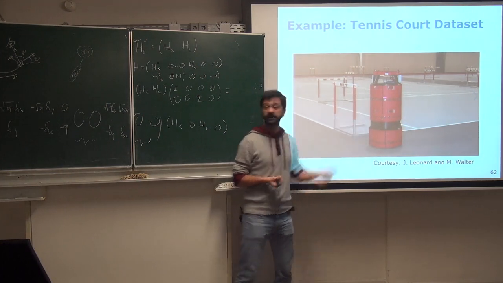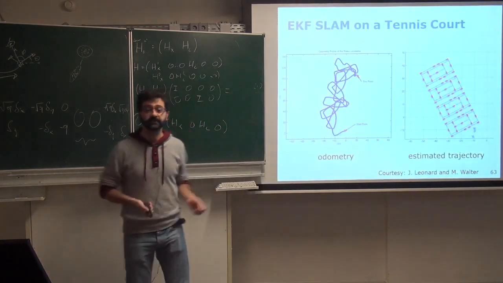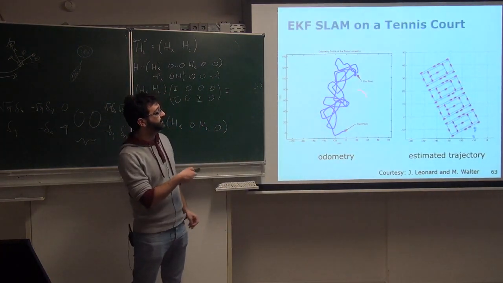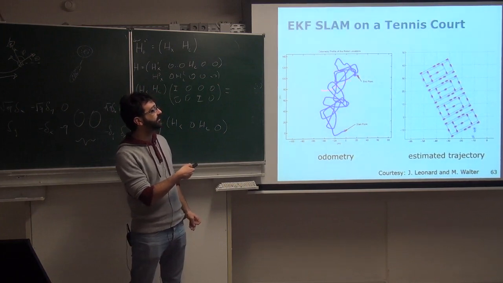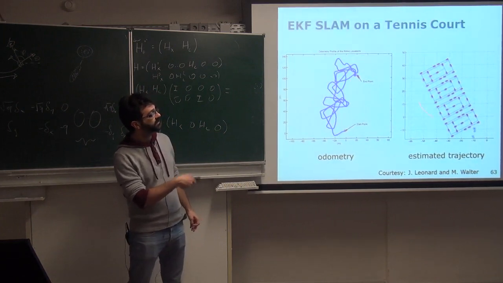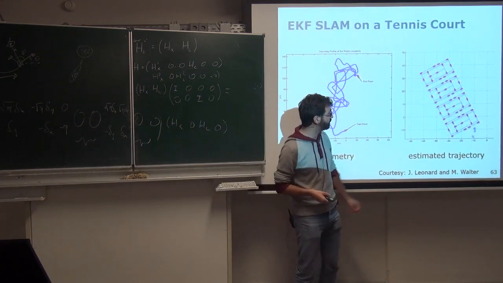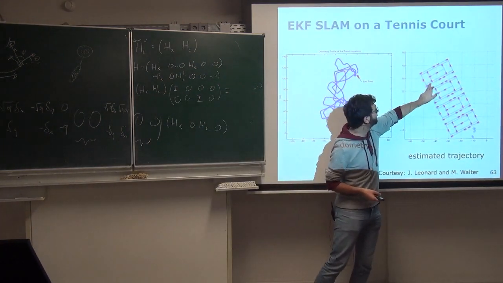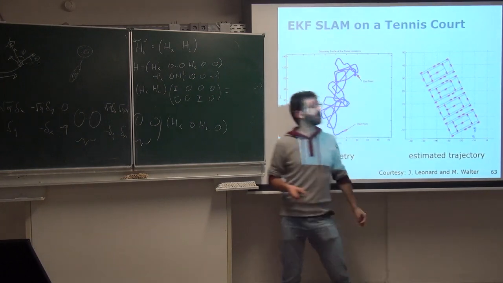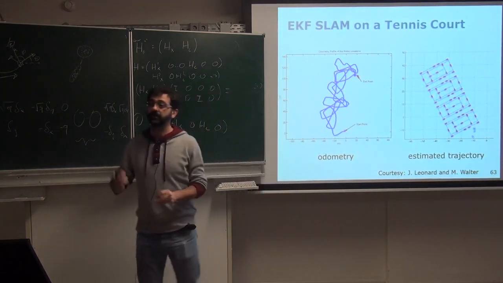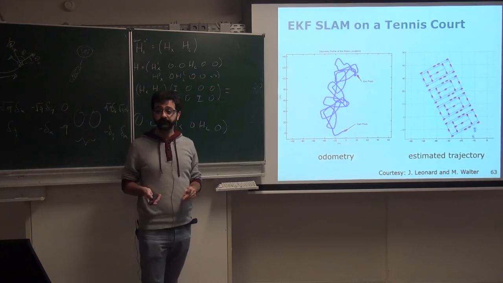And here you can see the odometry run without any filtering, and that's what ends up at the end using the Kalman filter SLAM. So you get these nicely aligned hurdles on the tennis field.